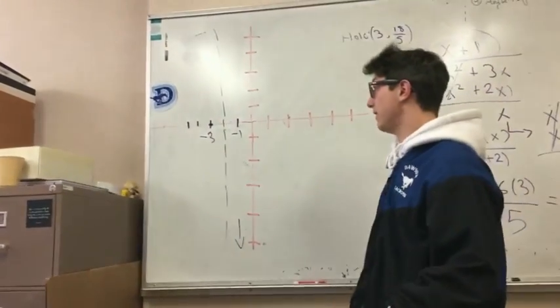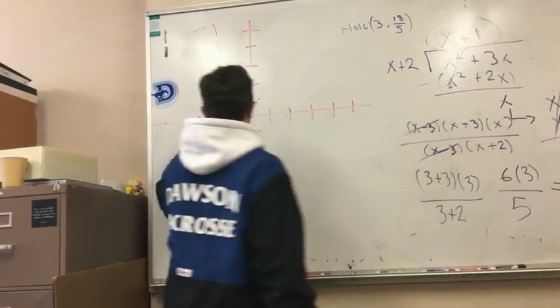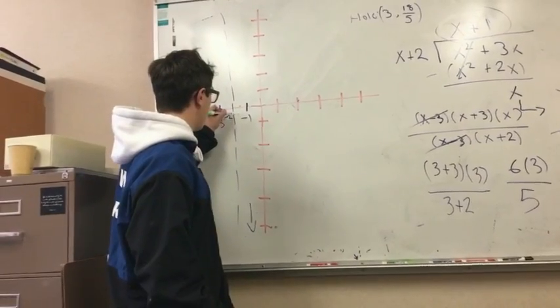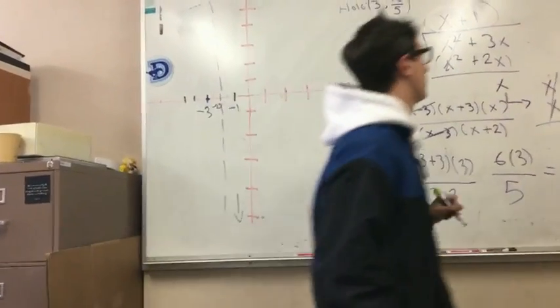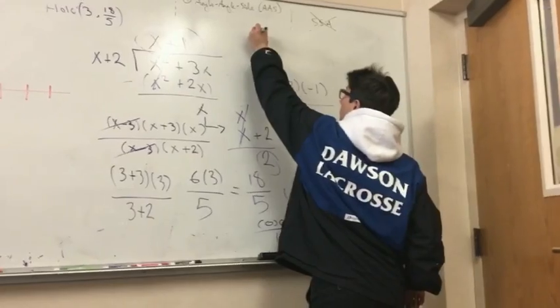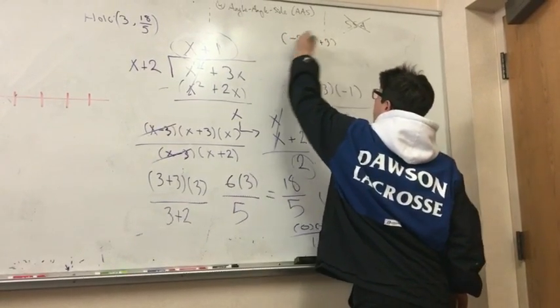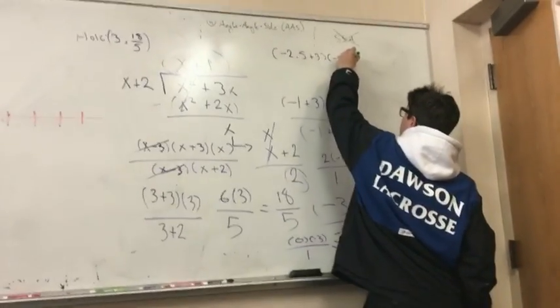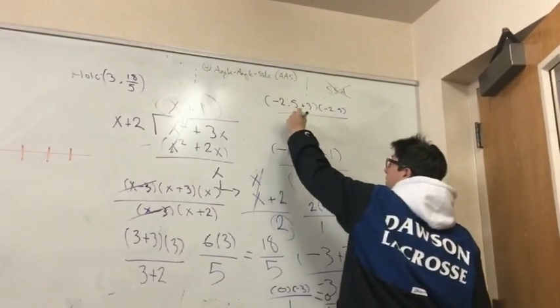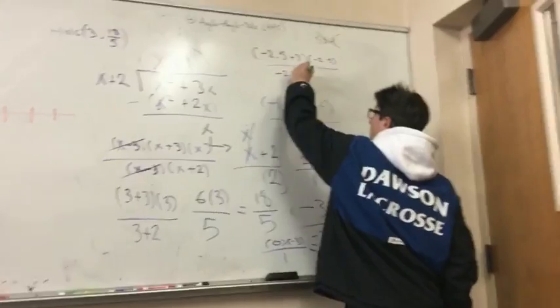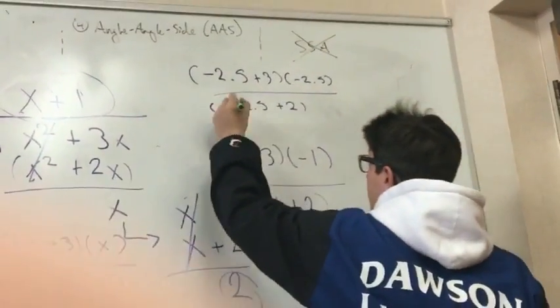So in order to find out, we're just going to get closer. So now we're going to do -2.5. So I'm going to go over here, do -2.5 plus 3 times -2.5 over -2.5 plus 2.